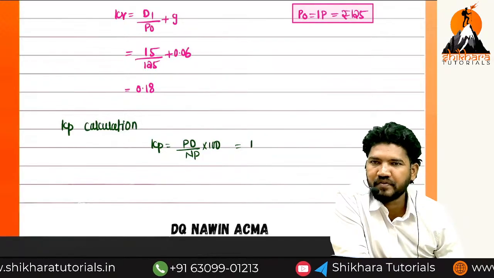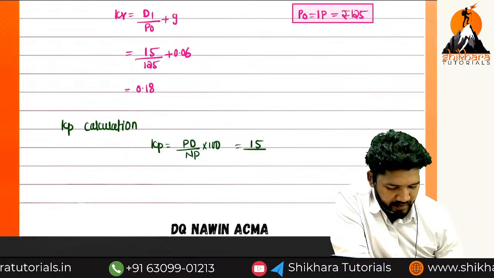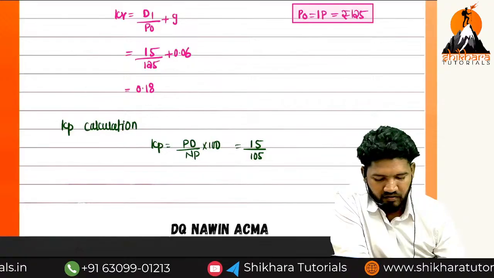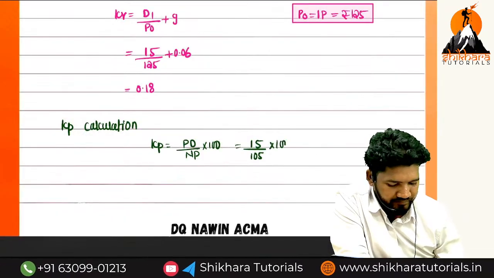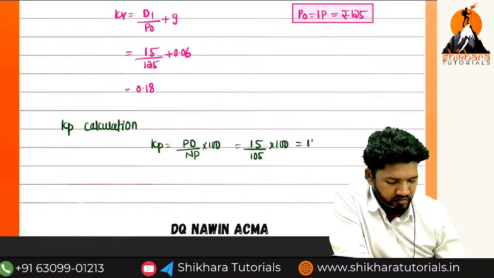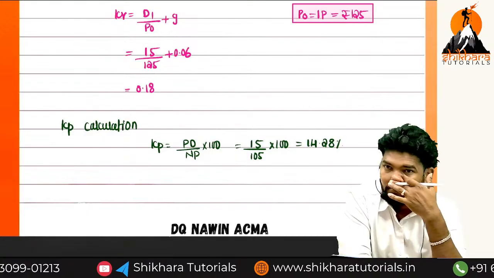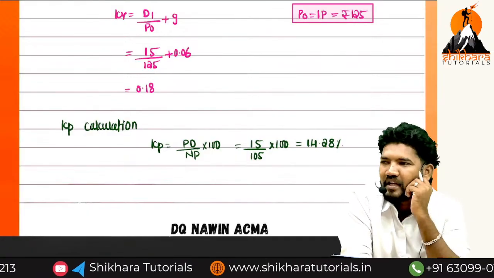Always the assumption of face value is how much? 100 only, na? 15 rupees divided by net proceeds 105 you received. How much, ma? 15 by 105 into 100 is 14.28%. Up to here, we touched a lot of complications.